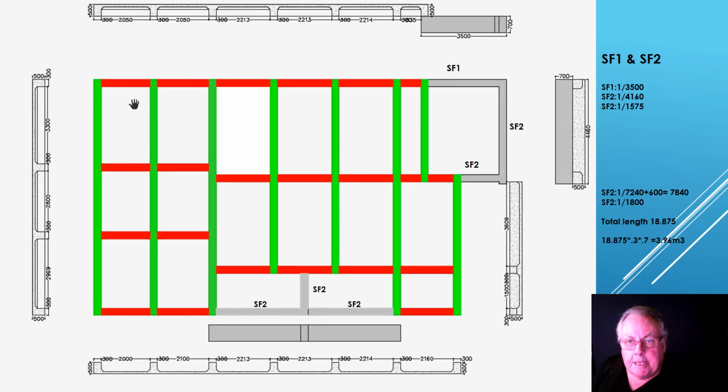SF1 and SF2. In your information, when you look under concrete and open up the folder, you'll find a set of plans which show where SF1 and SF2 is. For whatever reason, and I have no idea why, we have this one as SF1 and all the rest SF2.